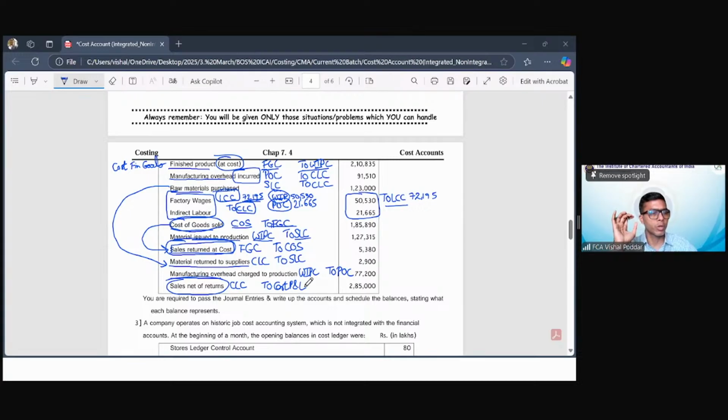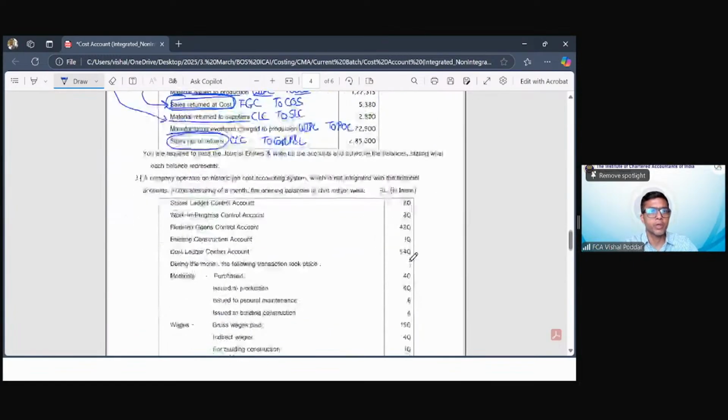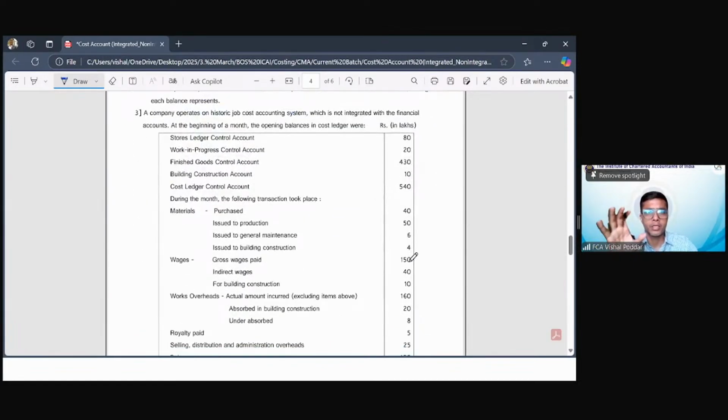You can put across your queries, because by now you would be having some queries, because we have solved two questions. Now, since I have not posted these entries, that is why we are not doing the entire balancing part. Anyways, it is same for all sums. So next we will do this.